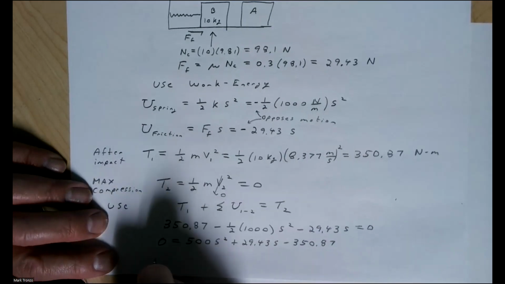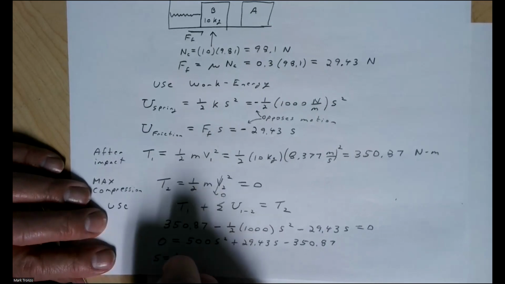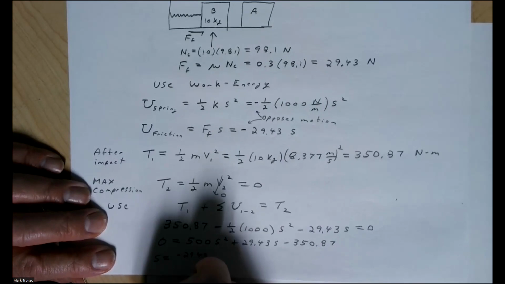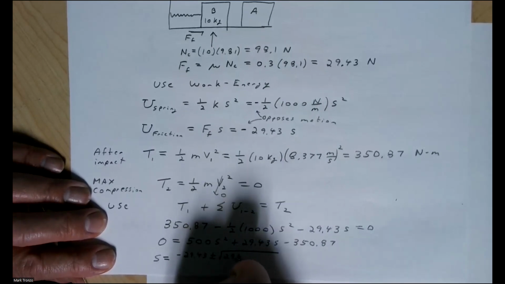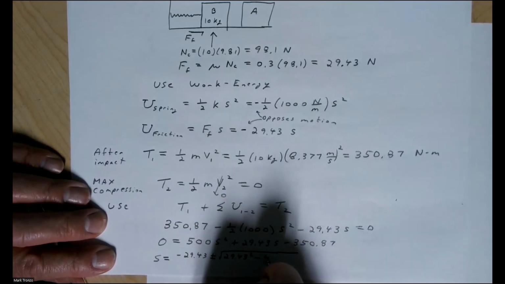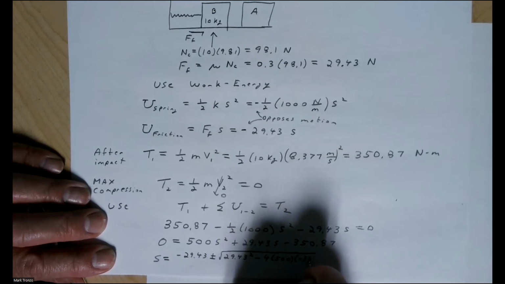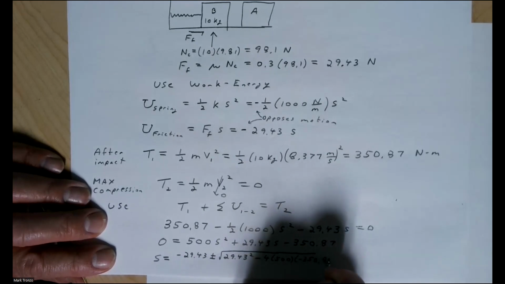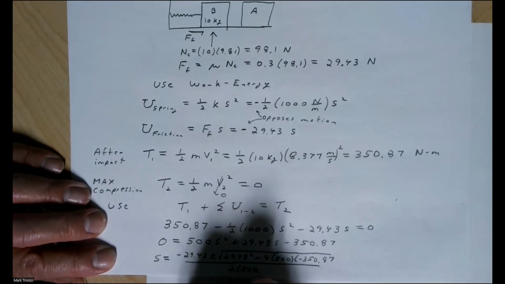And so it's going to be negative b plus or minus the square root of b squared minus 4 times a times c, divided by 2a.